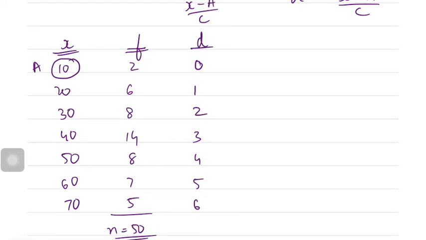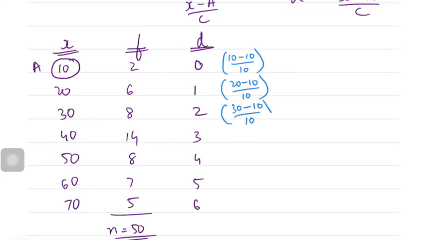This is my D. This is 10 minus 10 divided by 10, so 0 upon 10 is 0. This is 20 minus 10 divided by 10, 30 minus 10 divided by 10, 40 minus 10 divided by 10, and so on.